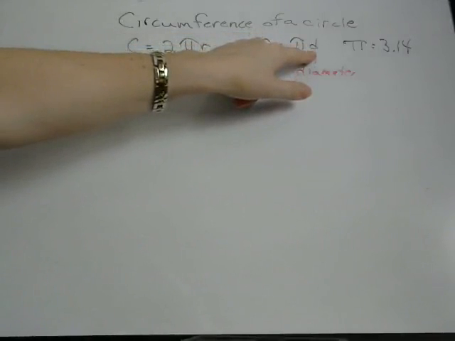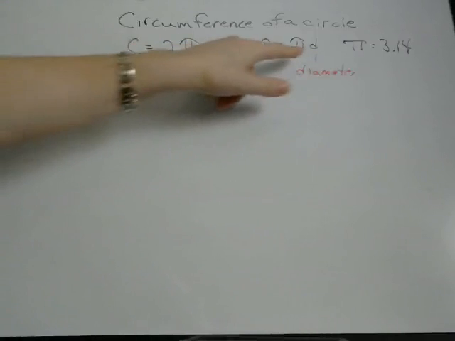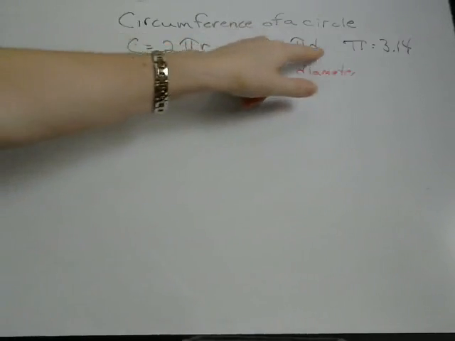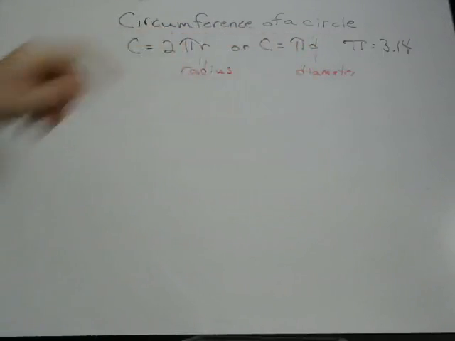If the diameter of a circle is 10, the radius is half of that, so the radius is 5. So 2 times 5 gives you the diameter. So 2 times the radius is really the same thing as the diameter. So it doesn't matter which formula you use, you just need to understand the relationship between radius and diameter.